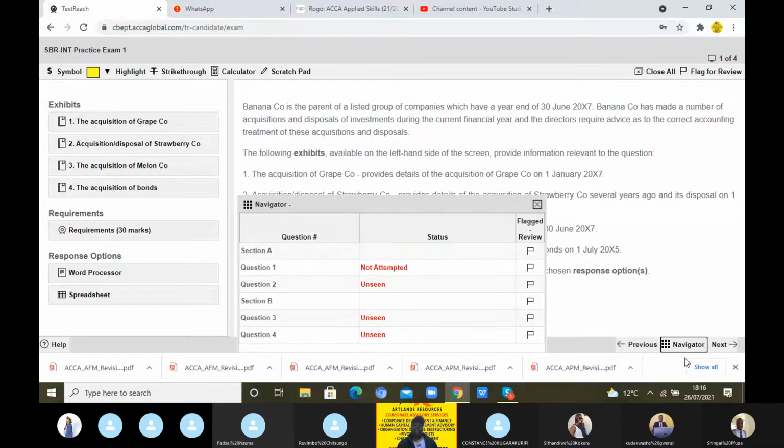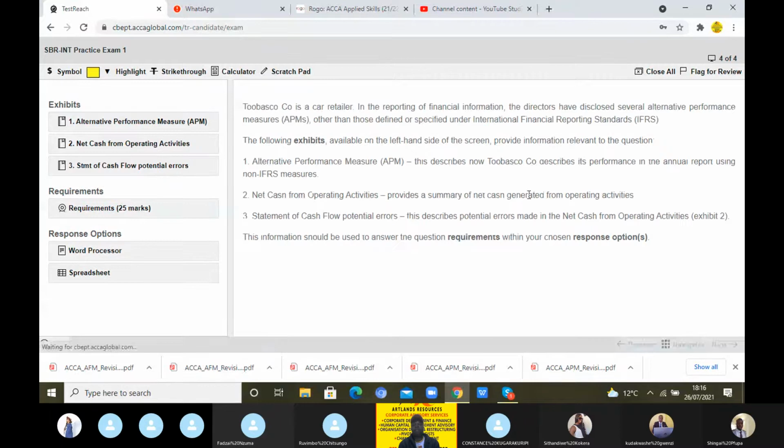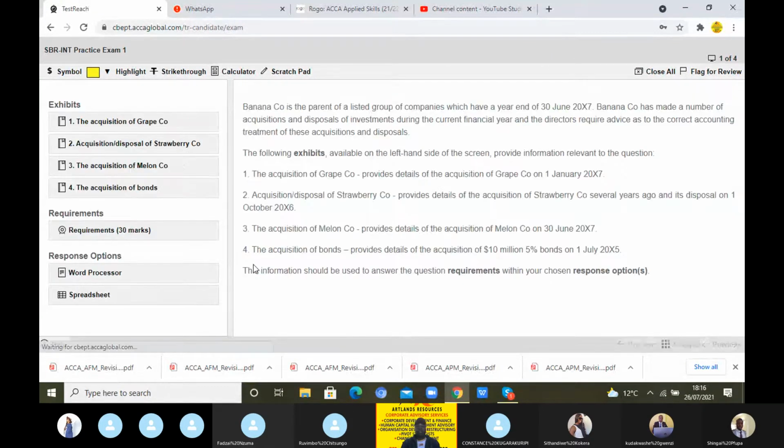If you click navigator, which is on the bottom right here, it populates the questions here. So you can see here the section A, you are still on question 1. You can equally start with question 4 by using the navigator like what I have done. You get that? So let me come to navigator and come back to question 1 like this.